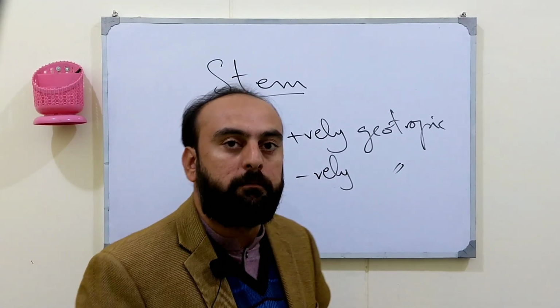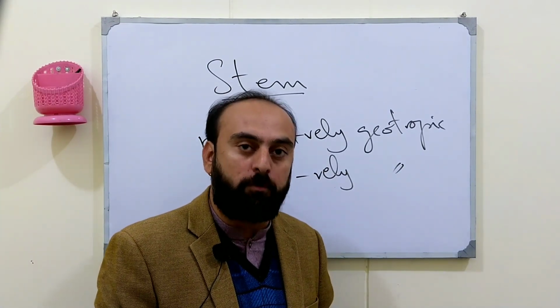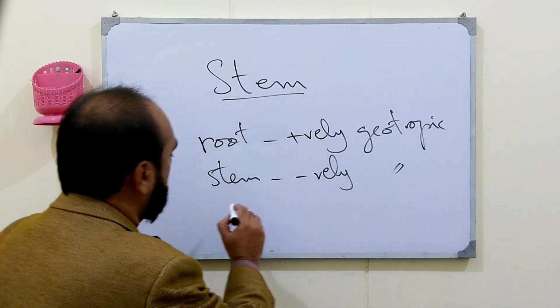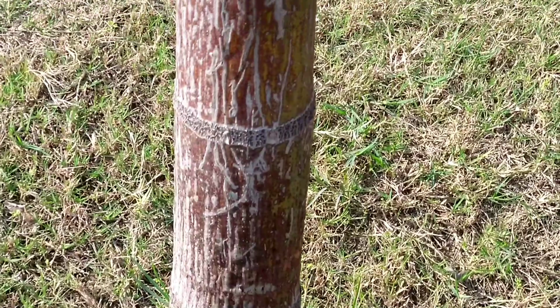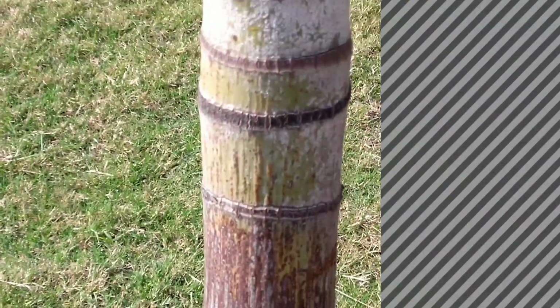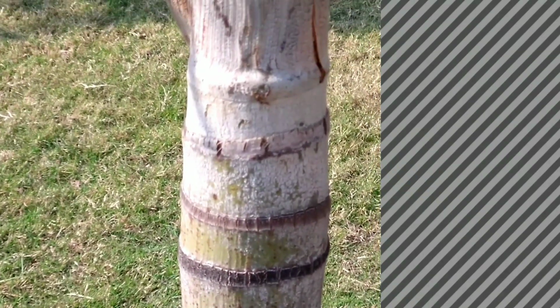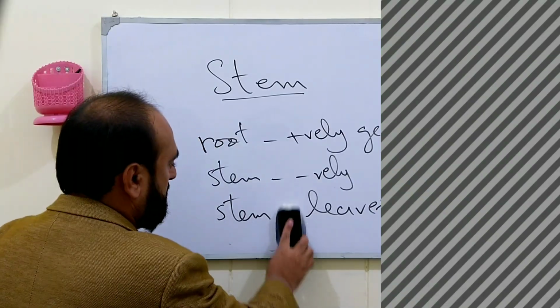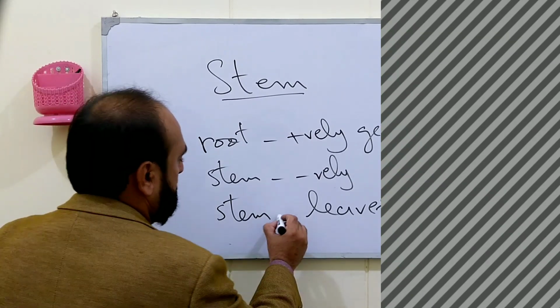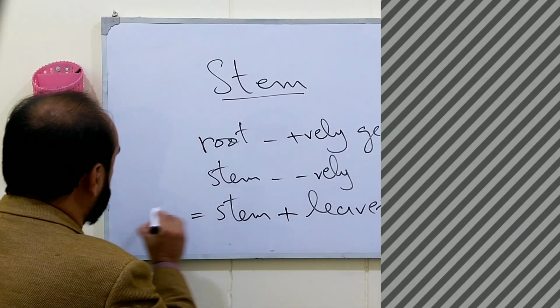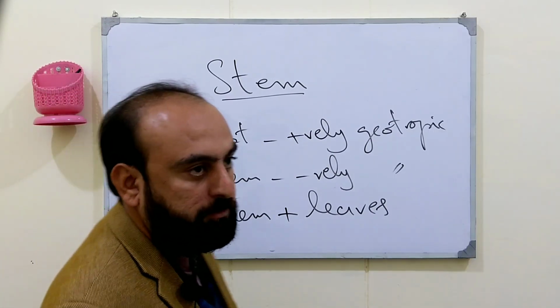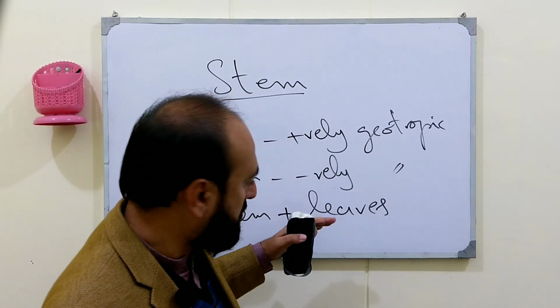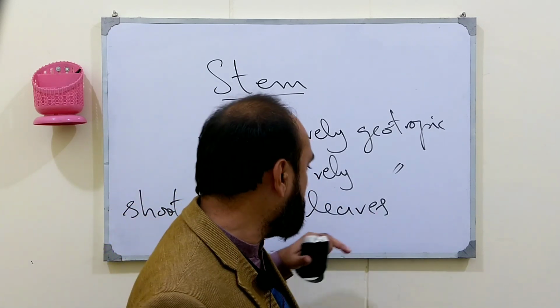Root lacks buds, leaves or stomata, whereas stem has leaves, buds, nodes, internodes, etc. So when we have leaves on the stem, then it is called a shoot. And a shoot can also have fruits or flowers as well.